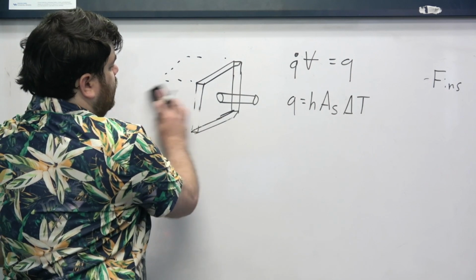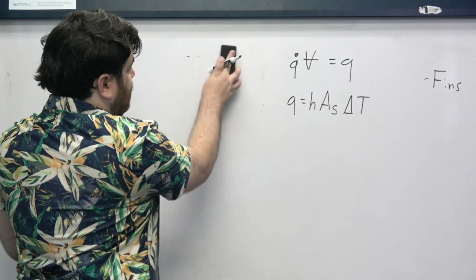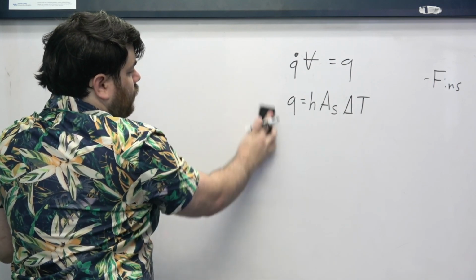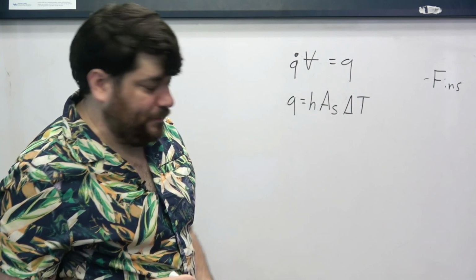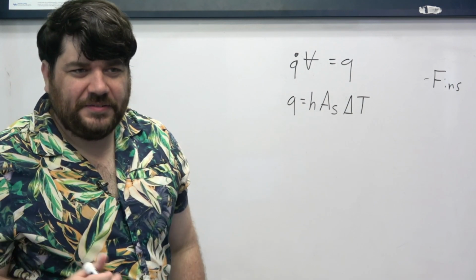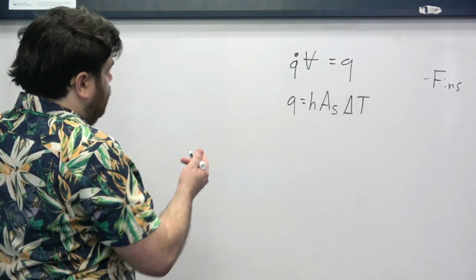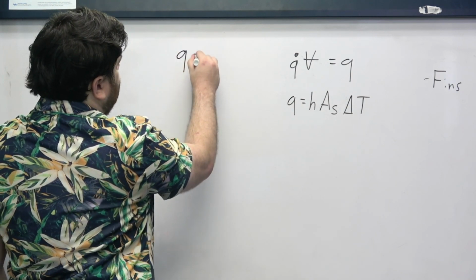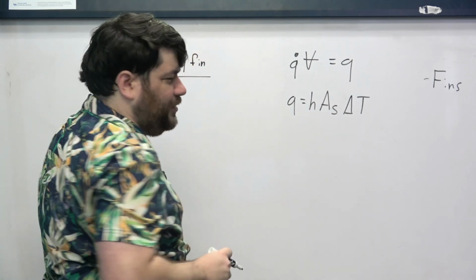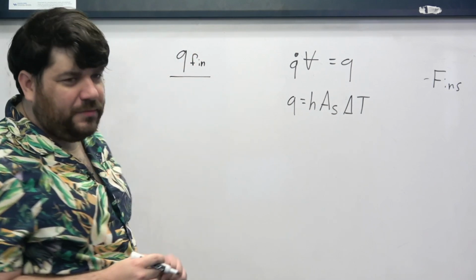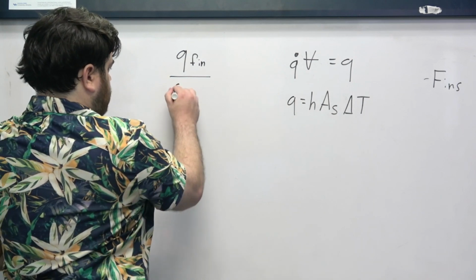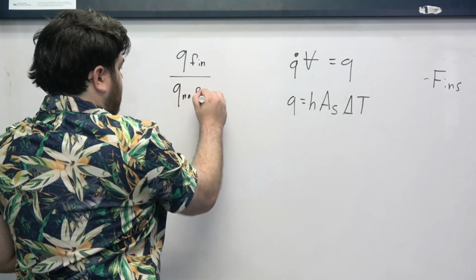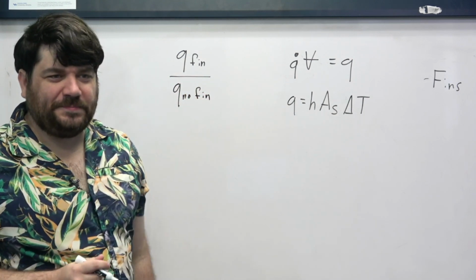Okay? And there's a couple of different ways to characterize how good a fin is. All right, so we can say the following. Well, what is the heat transfer rate that's happening through the object when we have the fin attached versus the heat transfer rate that's happening without the fin?